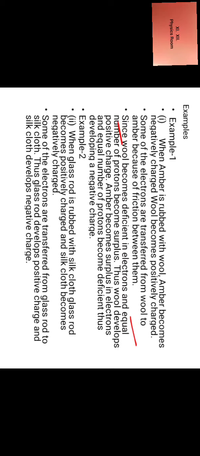Okay. Now what is electrification? When two neutral dielectric substances are rubbed together in intimate contact, both are electrified. The process of establishing an electric charge so produced on a dielectric substance is called electrification.